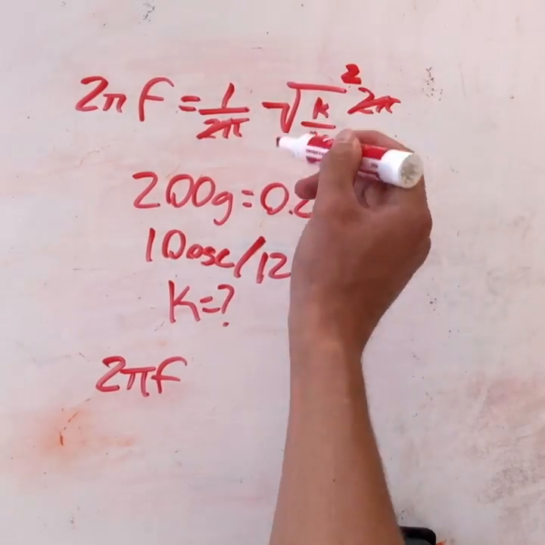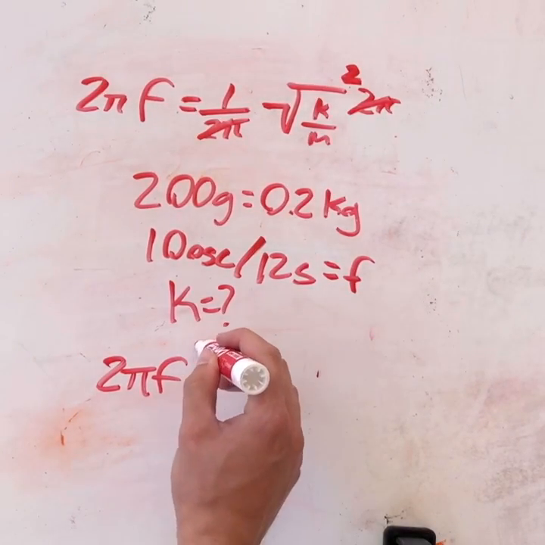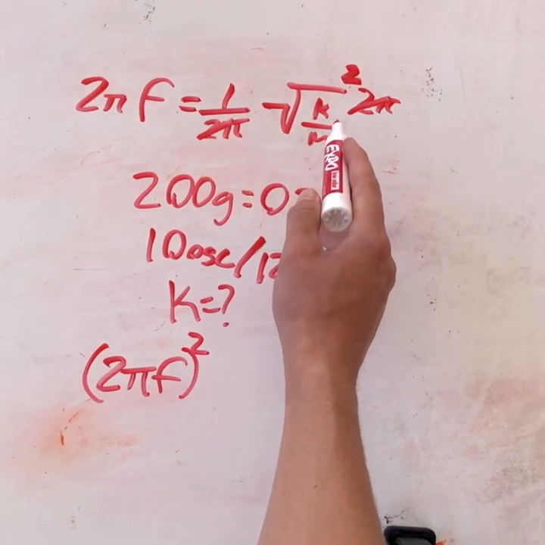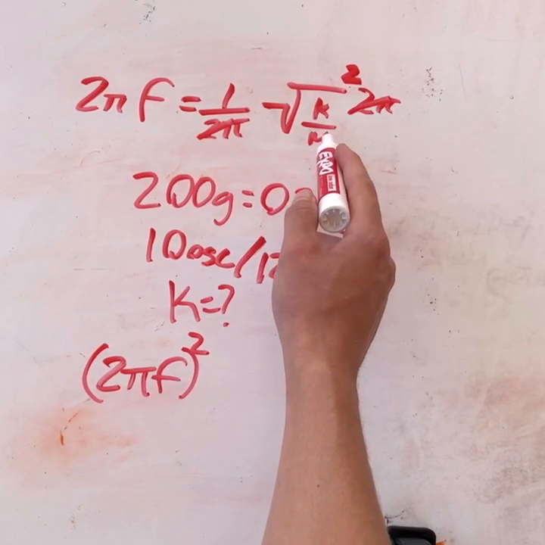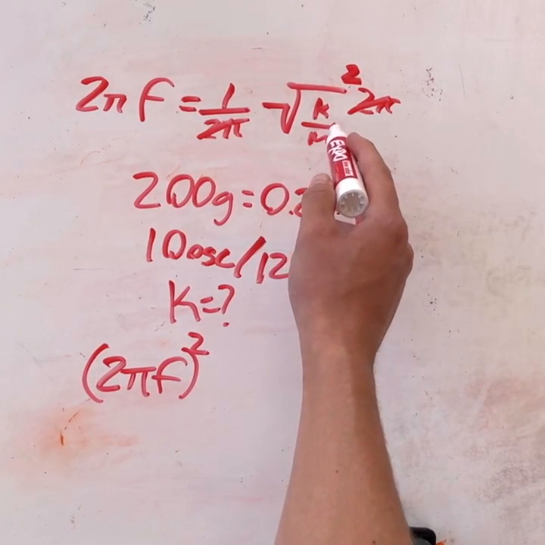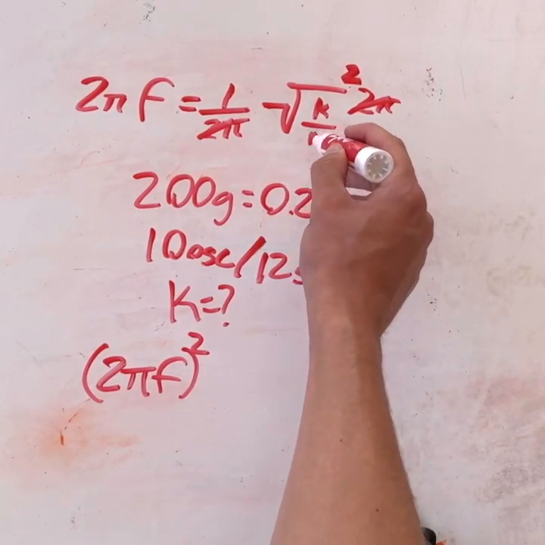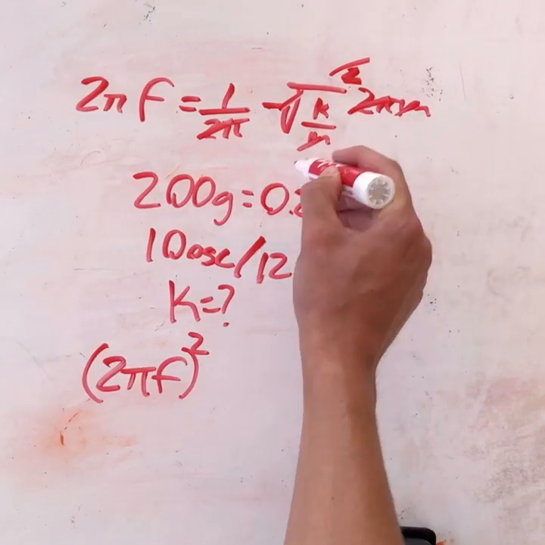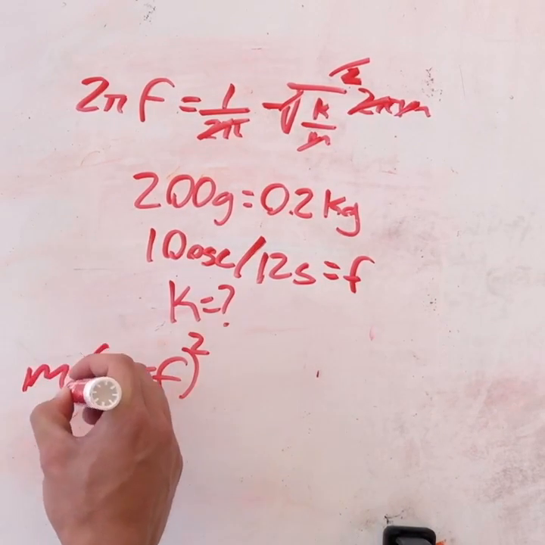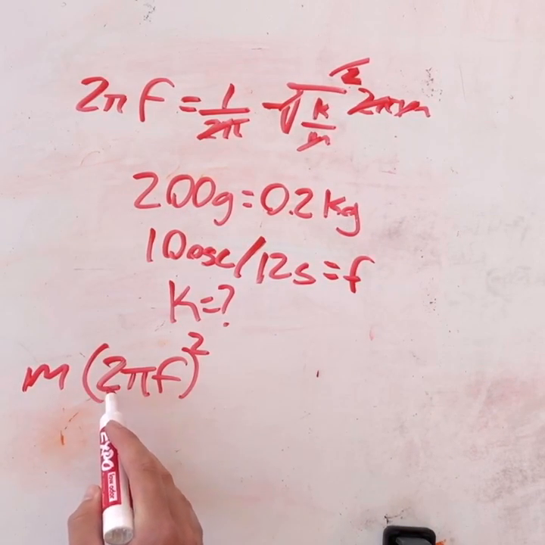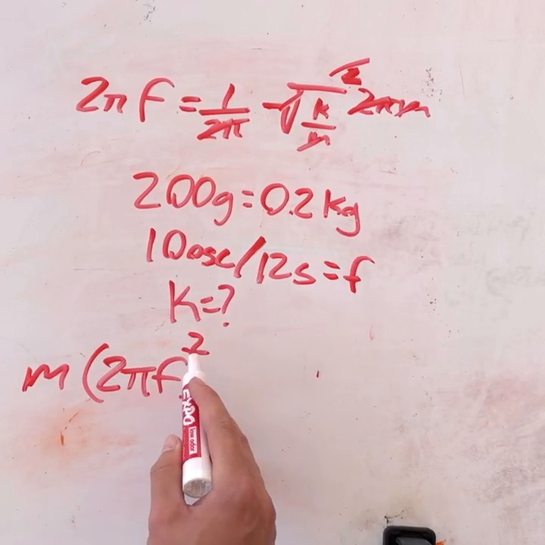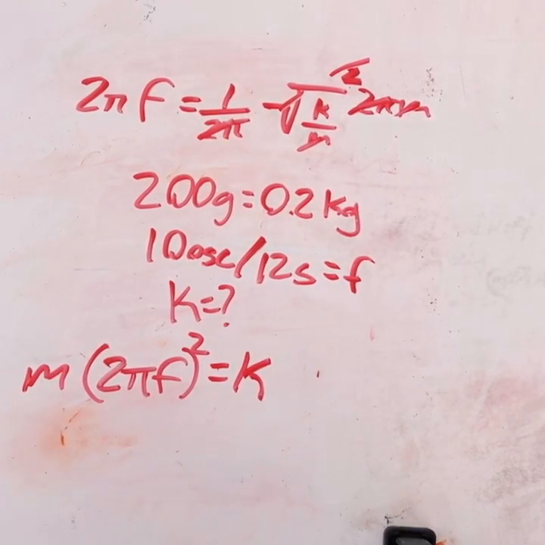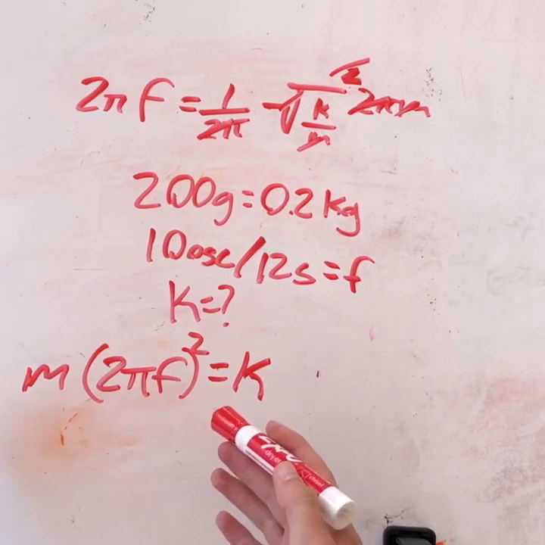So we're going to square both sides. All right, that gets rid of that. And then now we have to multiply by the mass to cancel that out. And we get m times 2 pi f squared is equal to k. All right, so we have our equation all set up.